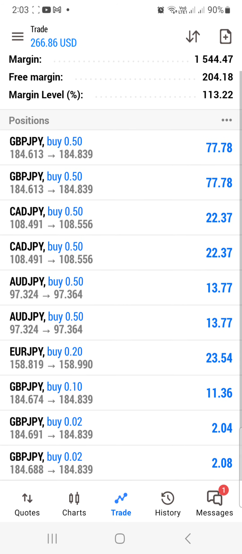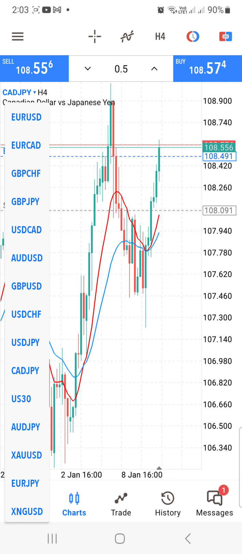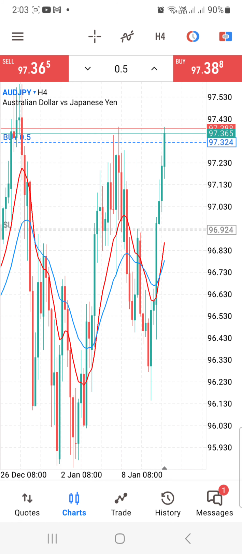Then let's check for AUD/JPY. Let me see AUD/JPY, what is it saying? Can you see something here I'm seeing? See this pattern. I need to teach you people about trading patterns. This chart pattern is creating a W for me. Let me see whether my hand is going to show like this.